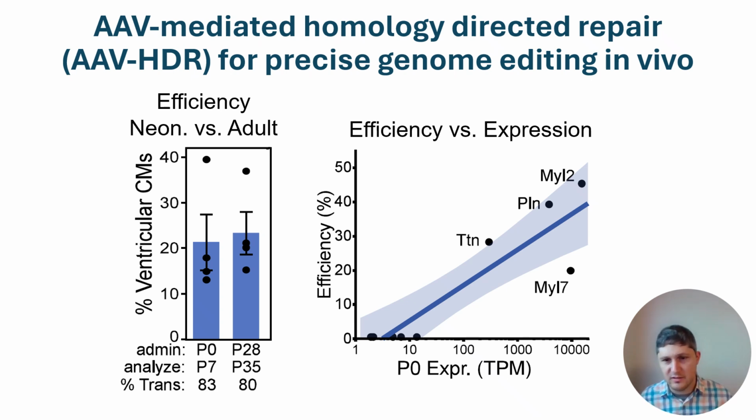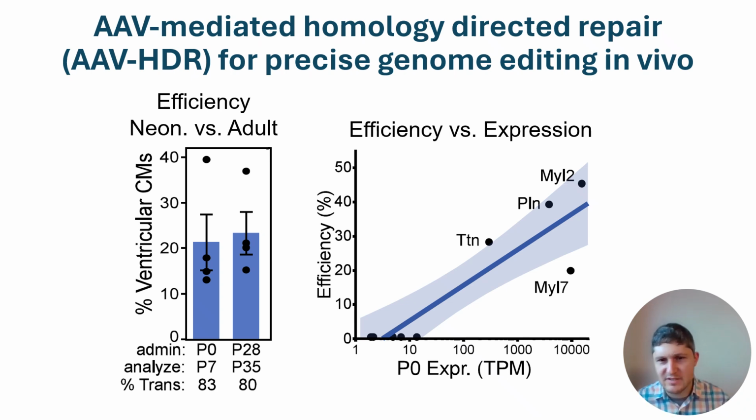And so it was thought that adult cardiomyocytes were not compatible with homology-directed repair. We showed actually that's not the case, at least within this AAV-mediated mechanism. And so really that suggests that there's some sort of non-canonical HDR mechanism happening here that we don't understand very well.